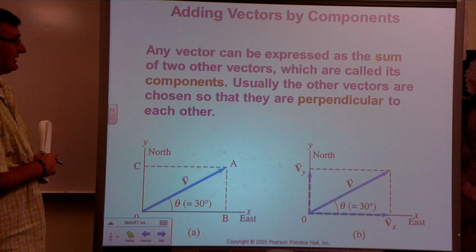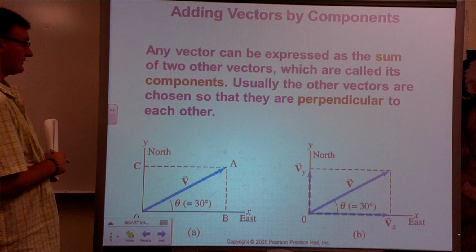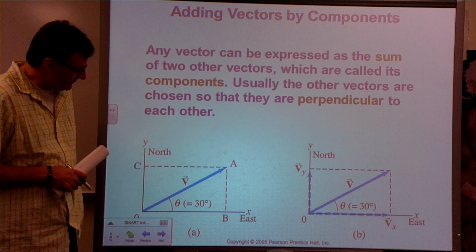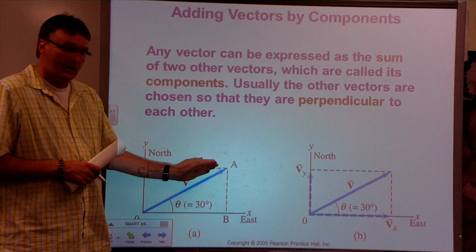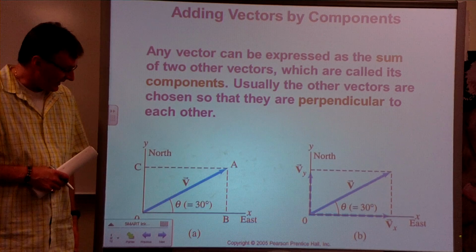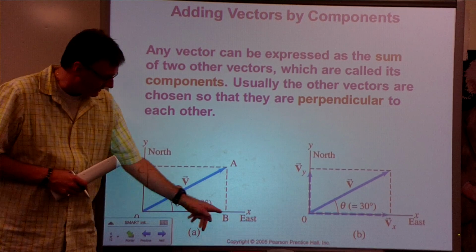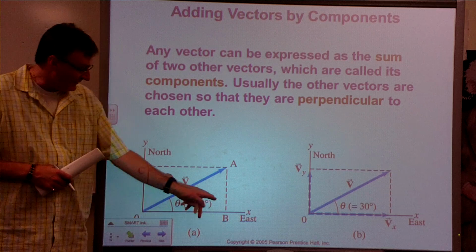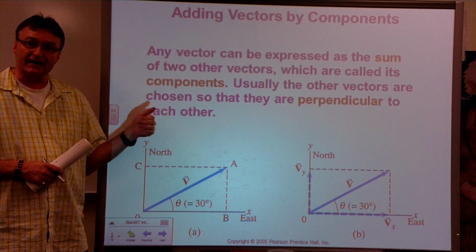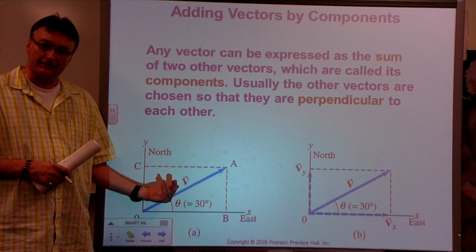Usually the other vectors are chosen so that they are perpendicular to each other. So if we're going to express a vector in terms of its components, we take the component in the x direction and the component in the y direction. The important thing to note is that they are independent of each other.